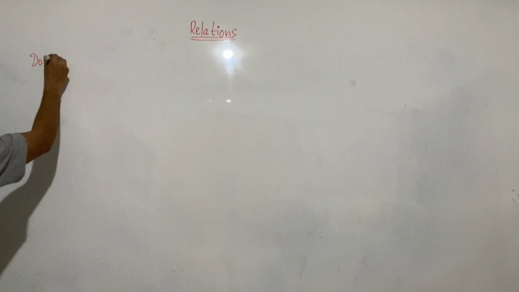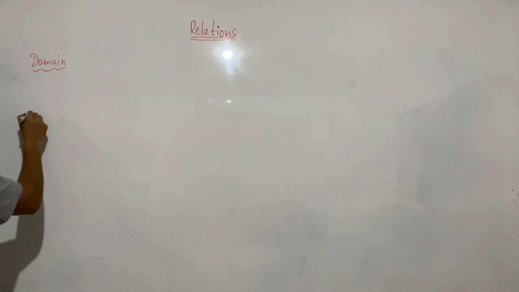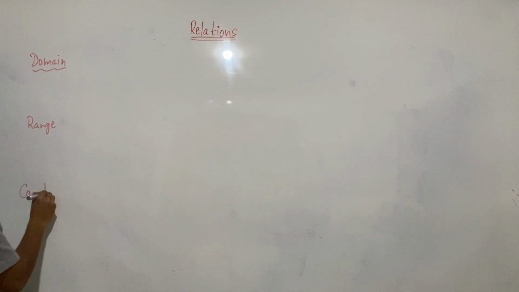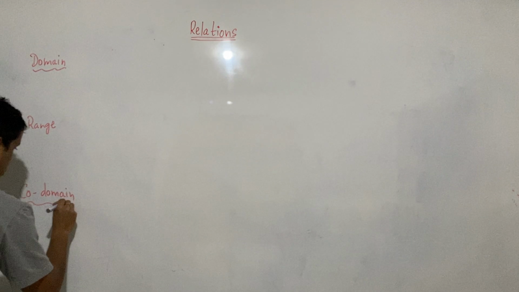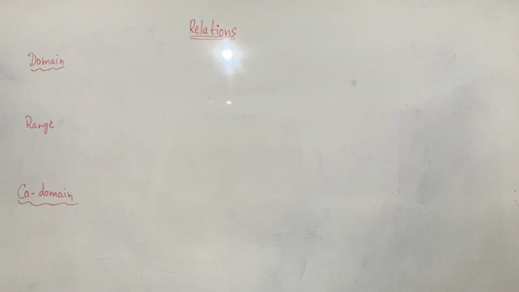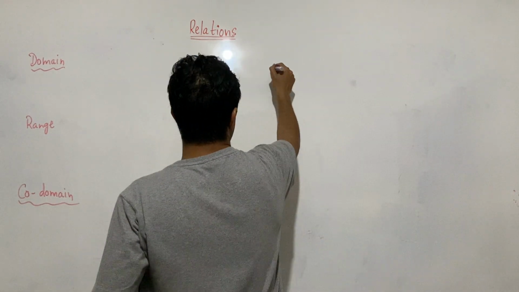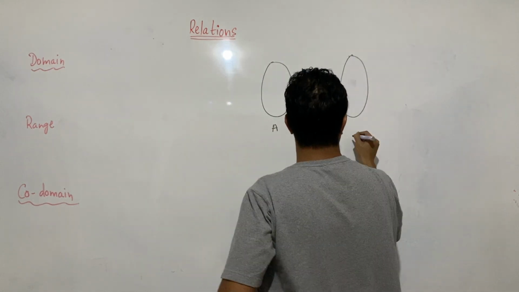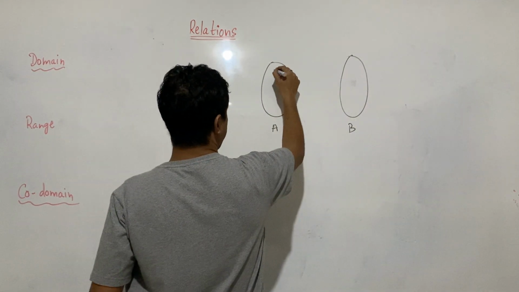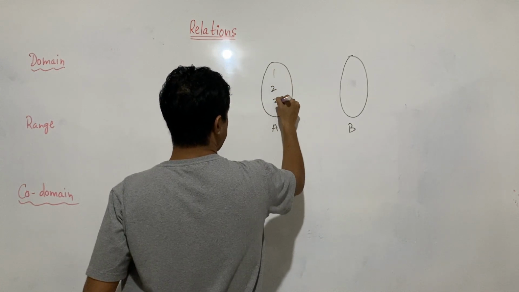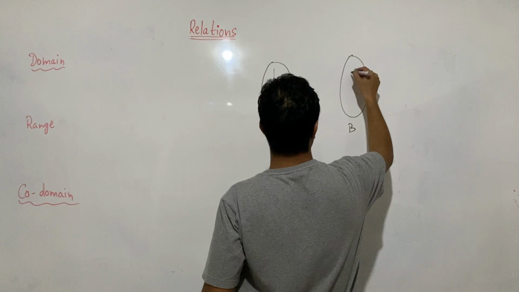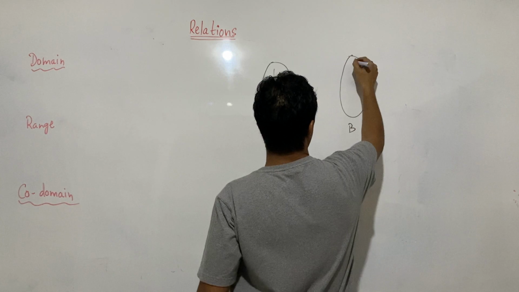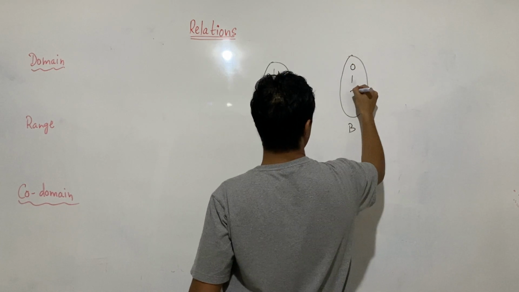Domain, range, codomain. Now let's say I have set A and set B. Here I have 1, 2, 3, 4, 5, and here I have 0, 1, 2.